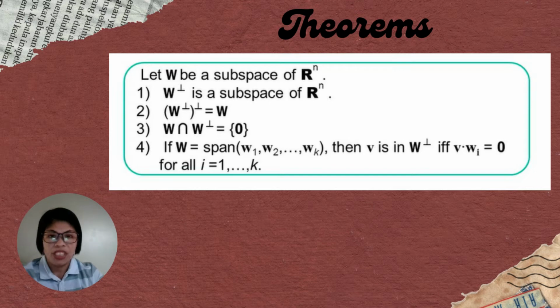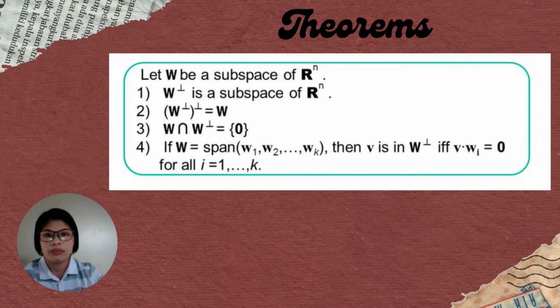And number 4, if W is equal to the span of W1, W2, and so on, then vector v is in W perp if and only if vector v dot W1 vector is equal to 0, and so on for each basis vector.